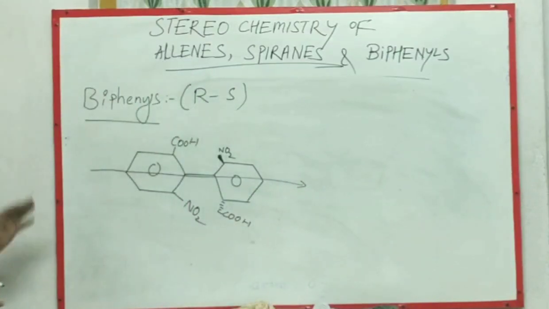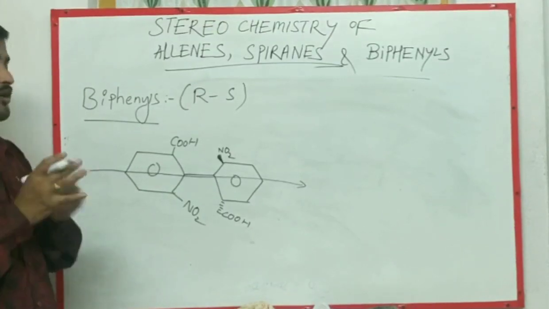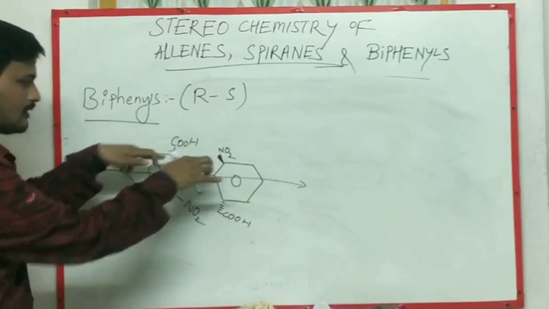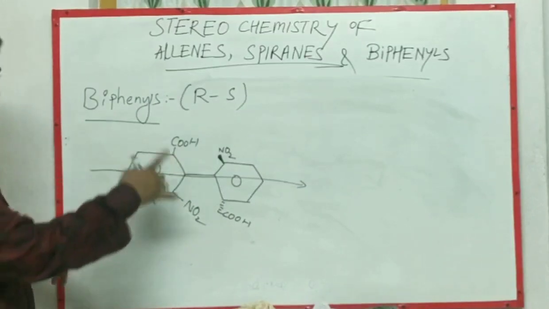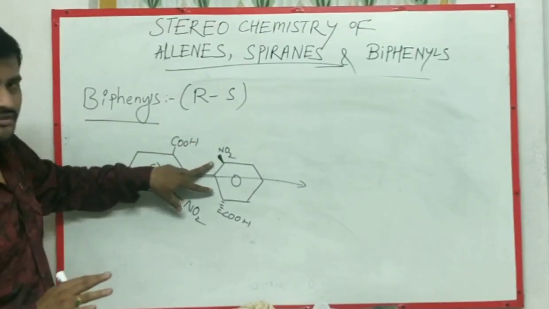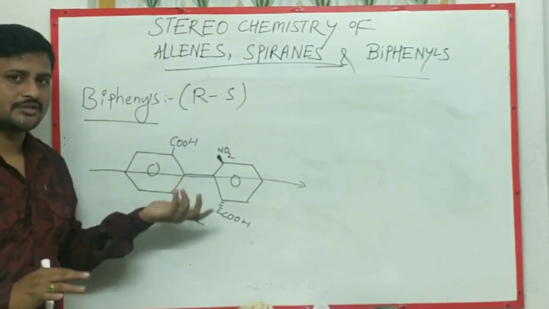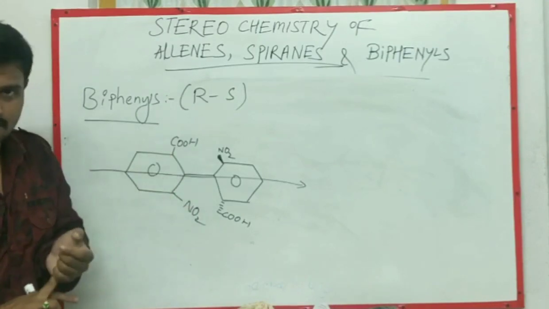axis of this example. Then the priority is given by these four substituents: two at the ortho positions here, two at the ortho positions here. By these substituents we give the priorities.